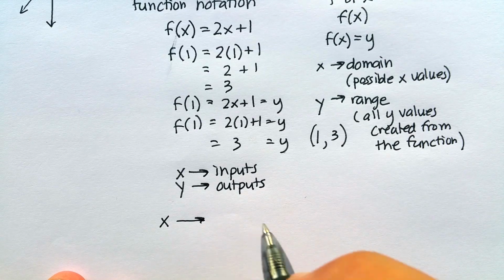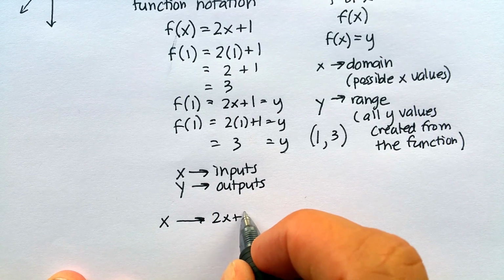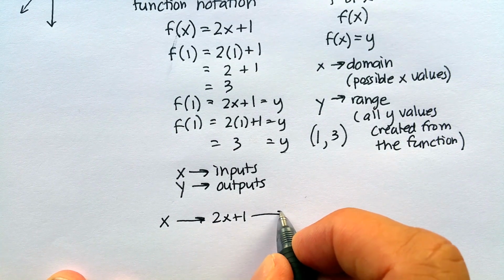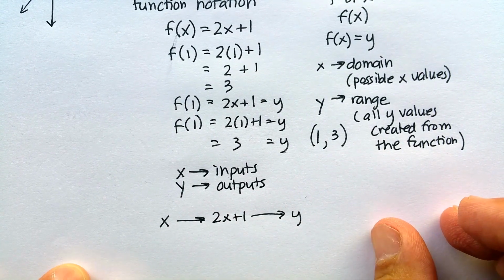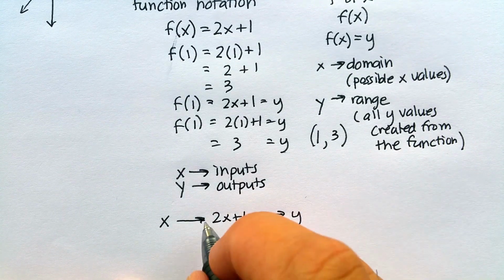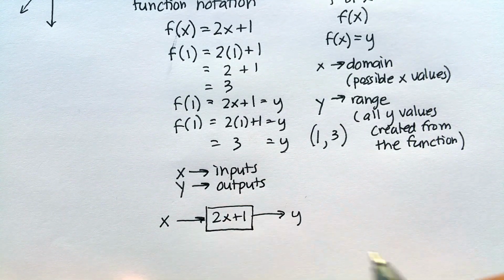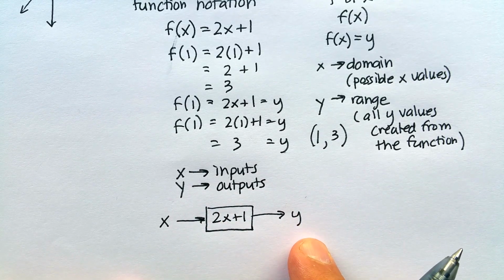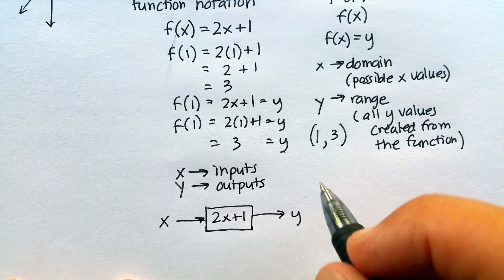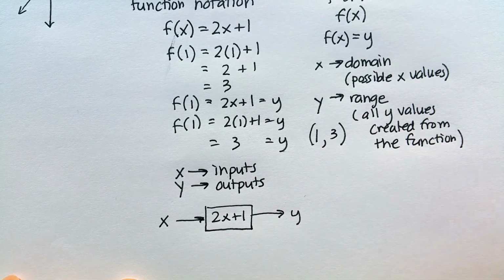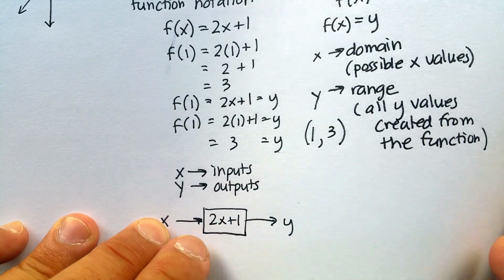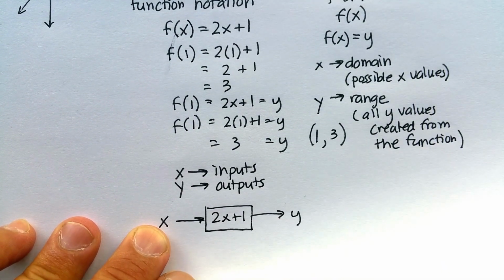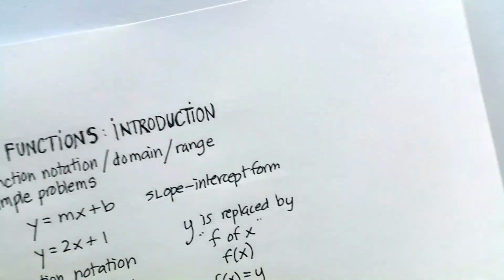I'm going to put it in some kind of an equation, also called a function, and it's going to produce some kind of a y. So think of it as an input-output kind of machine. You take an x, you put it in this little machine, and out pops the result, which is the y. And you always produce some kind of a coordinate. Now, let's actually try some simple problems, if that makes some sense. It might be helpful to do something like that.